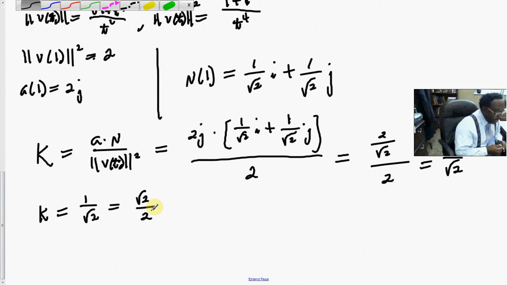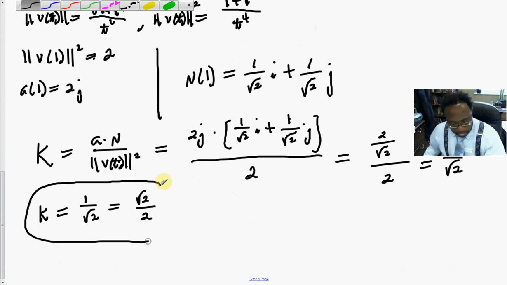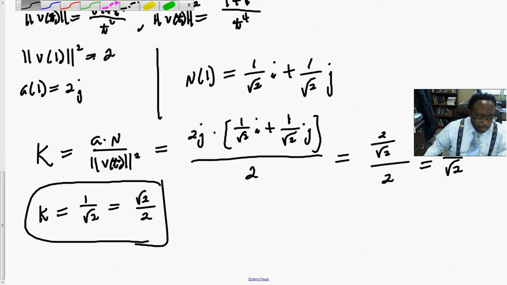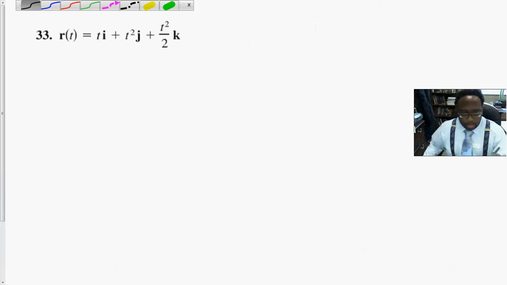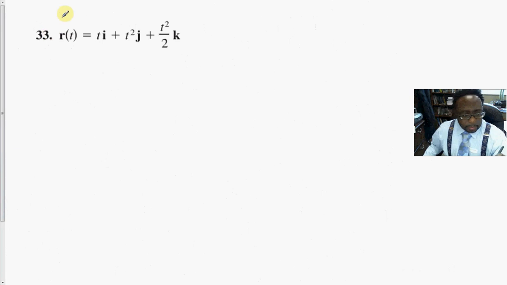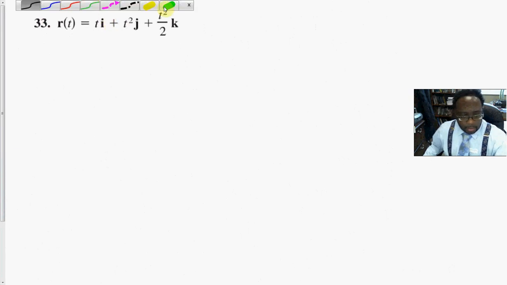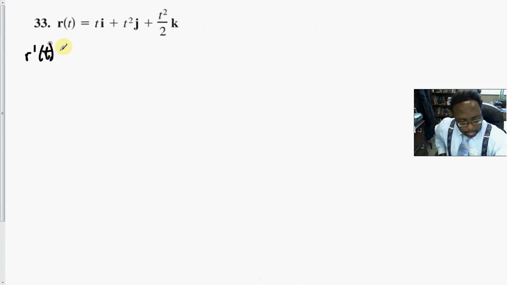Now let's look at the curvature for a curve in space. Let's take this problem here. So we need to find r prime of t.